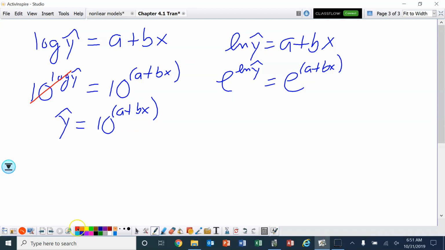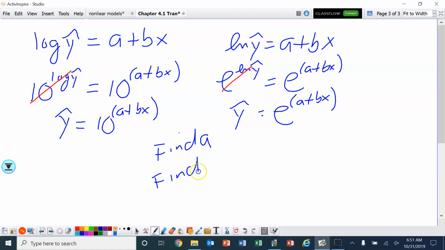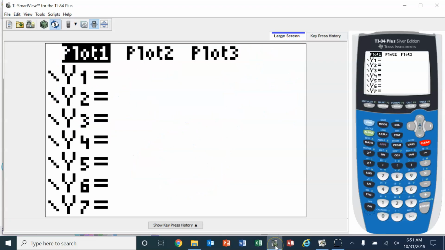Again, this cancels out, and we're left with y hat equals e to the a plus bx. So it'll be our job to find a and find b so that we can type one of these equations into our calculator and see the line go through the dots.